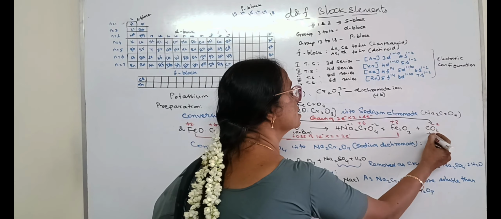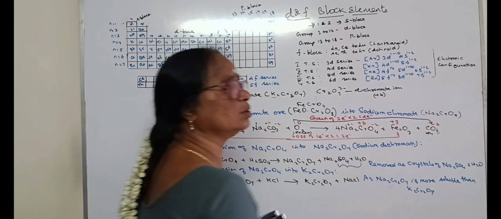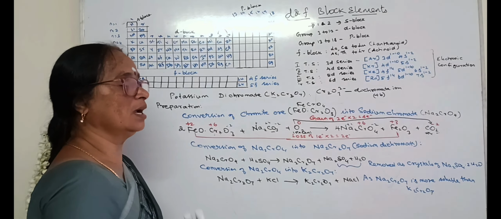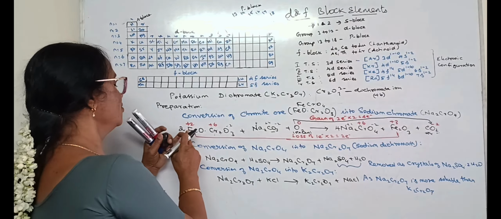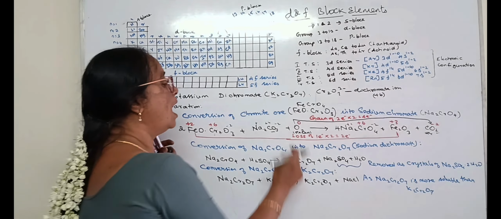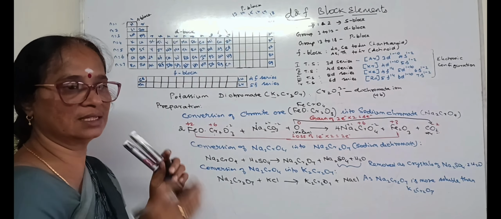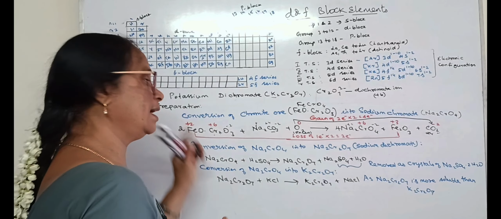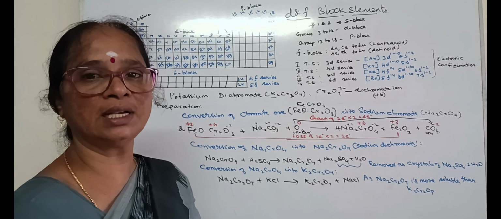Even in carbon dioxide, carbon is in +4, and oxygen is 2 into -2, that gives -4. So where does the reaction actually take place? Actually, ferrous oxide is oxidized to ferric oxide and oxygen is reduced. This is the actual reaction that takes place when chromite ore is treated with sodium carbonate and oxygen.